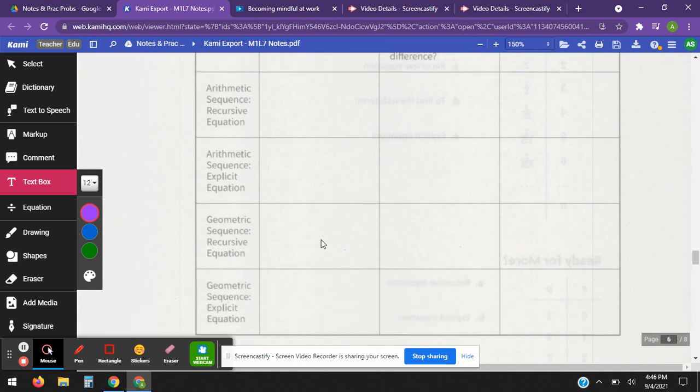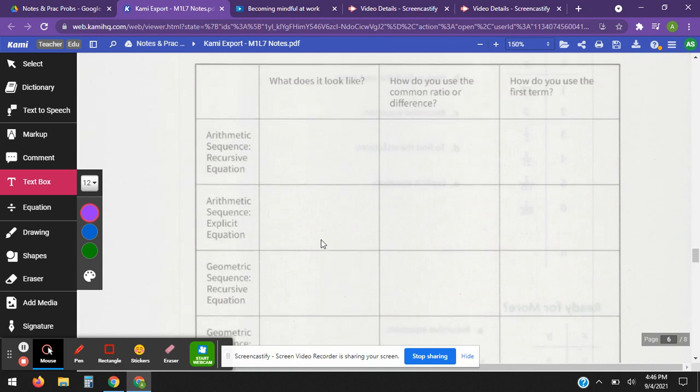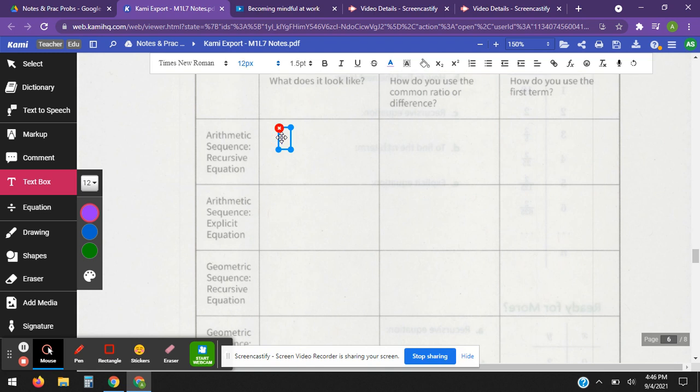All right, so for our takeaways: arithmetic sequence recursive equation. It's usually written f of n equals f of n minus 1, plus our common difference, right? And they either give us f of 0 equals some number or f of 1 equals some number.